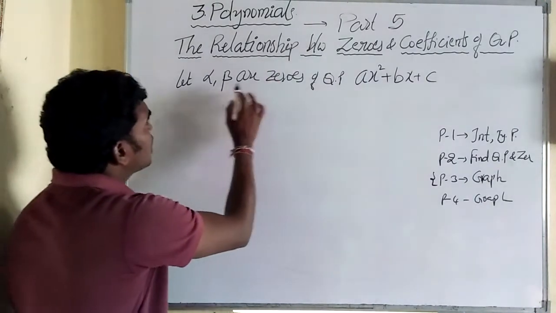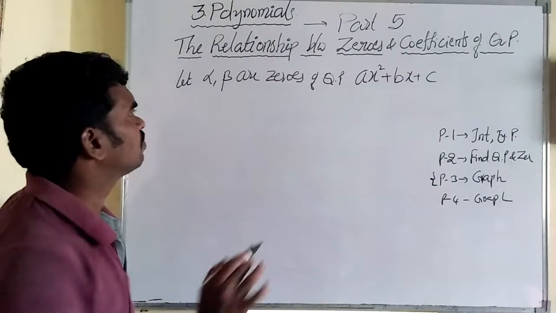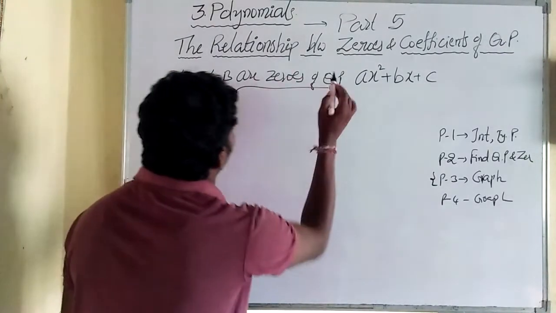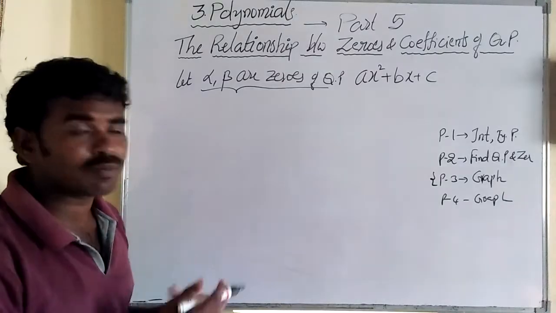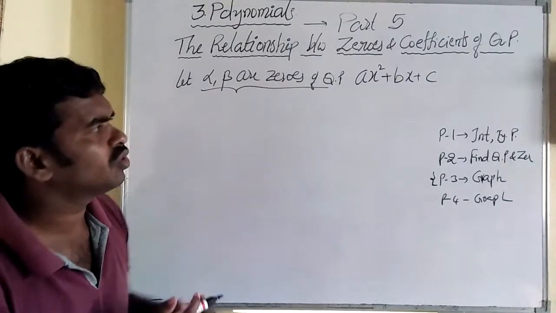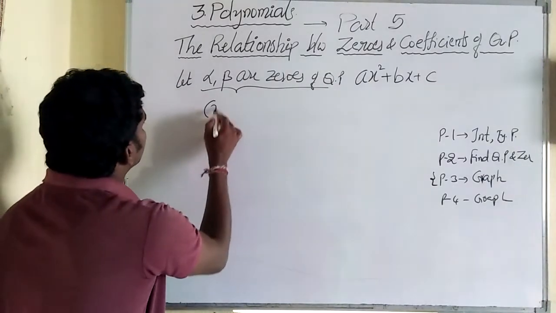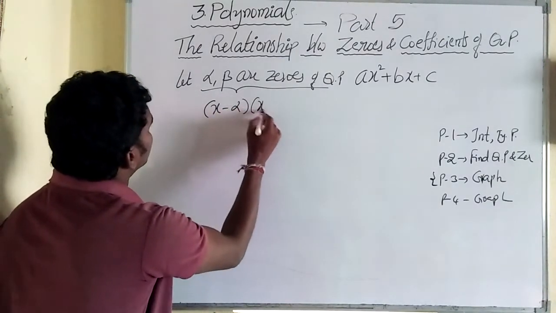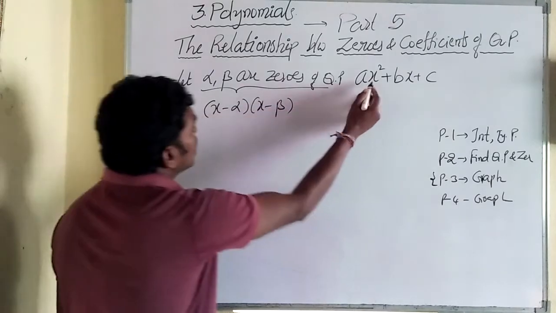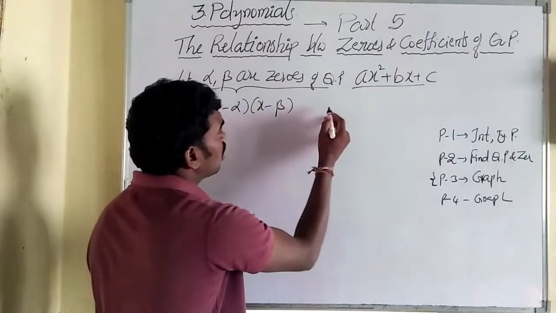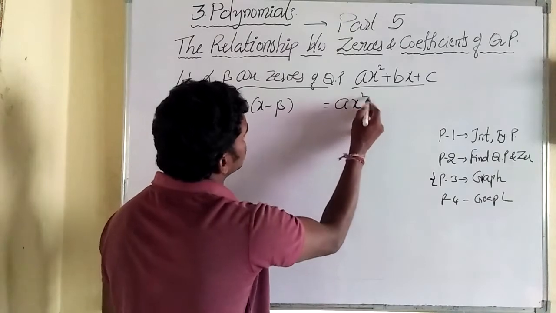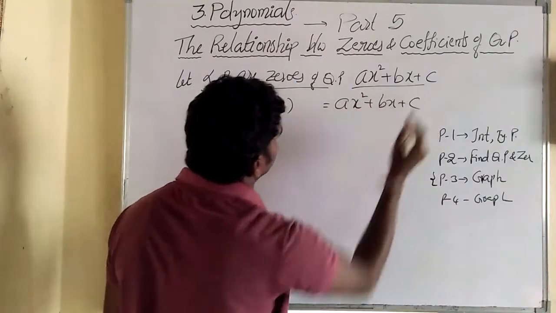Alpha, beta are zeros of the quadratic polynomial. What is the quadratic polynomial formula? In part 2 I told you, if the zeros are alpha, beta, then the polynomial becomes x minus alpha into x minus beta. And the general quadratic polynomial is ax square plus bx plus c.